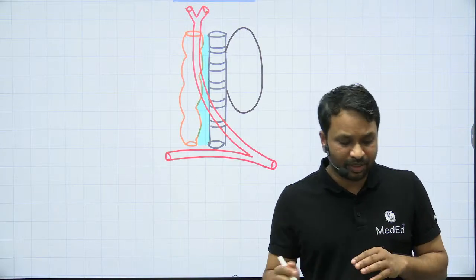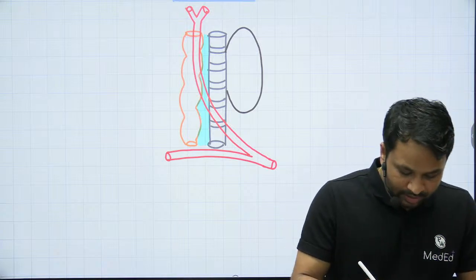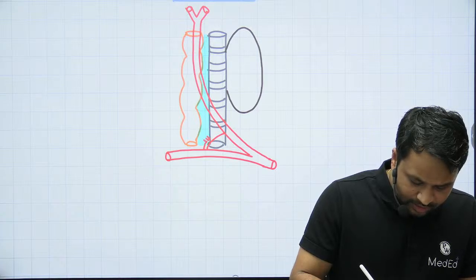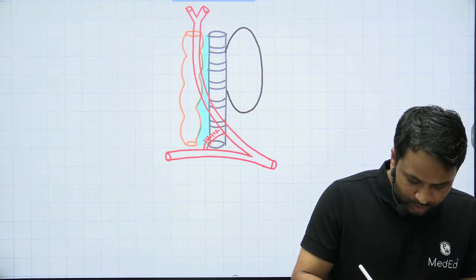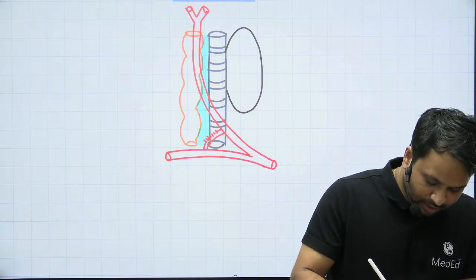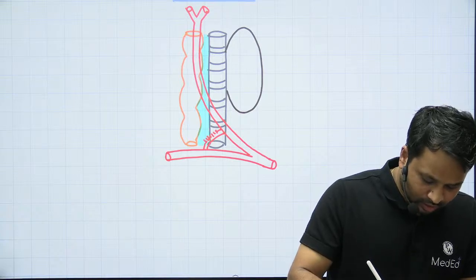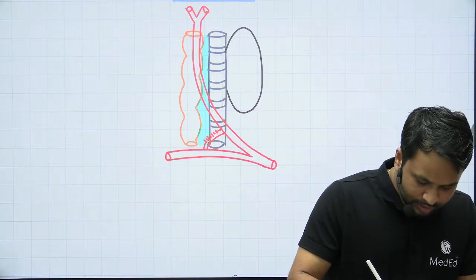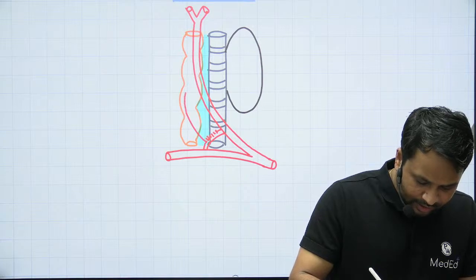We have the subclavian artery, and yesterday I told you there's a thyrocervical trunk which is going to arise from here. Through the thyrocervical trunk, you have these blood vessels which are going to supply various components. From the thyrocervical trunk of the subclavian artery, you will notice that the inferior thyroid artery is going to arise.